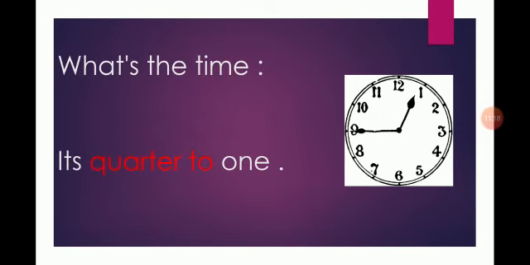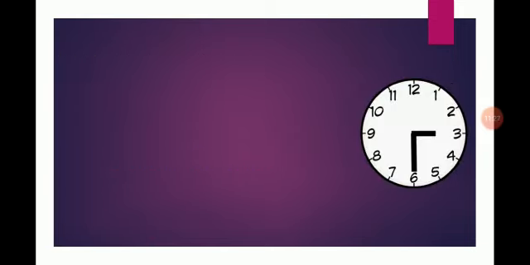Look here at this clock. That's mean in Arabic واحدة إلا ربع. When I said إلا ربع, that's mean quarter to. So it's quarter to 1. الساعة واحدة إلا ربع. Here is 15 minutes before 12. 15 دقيقة قبل ما توصل number 12. Here العقرب in the half في منتصف.